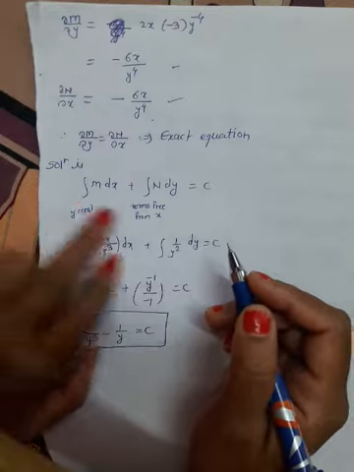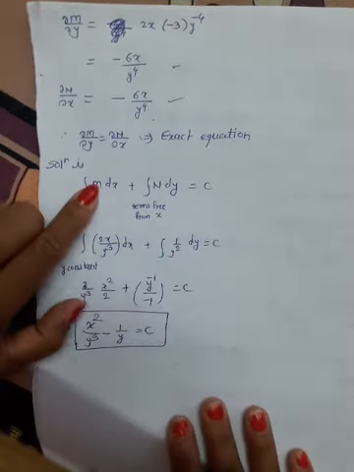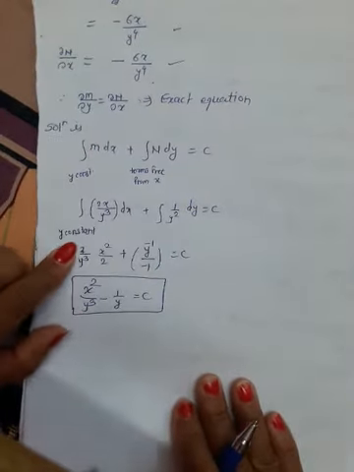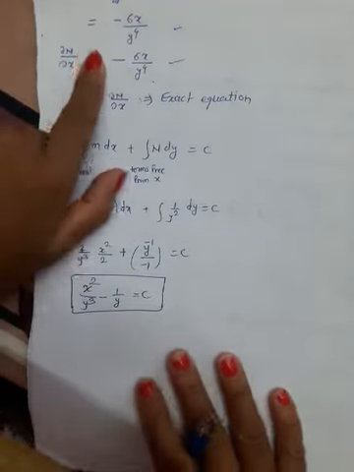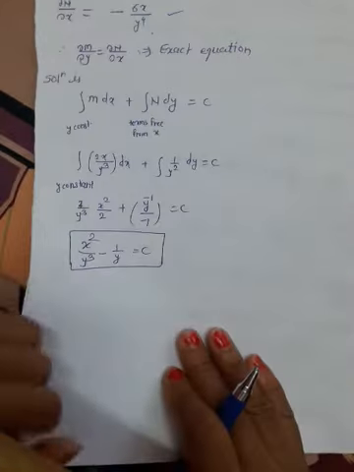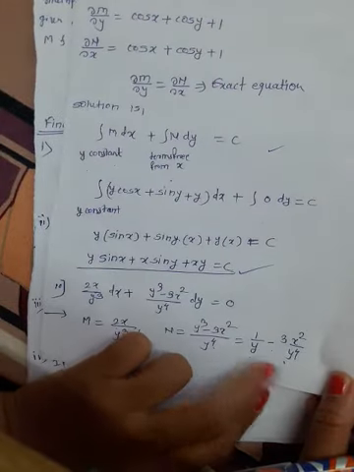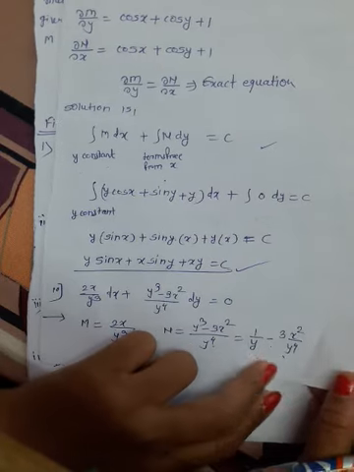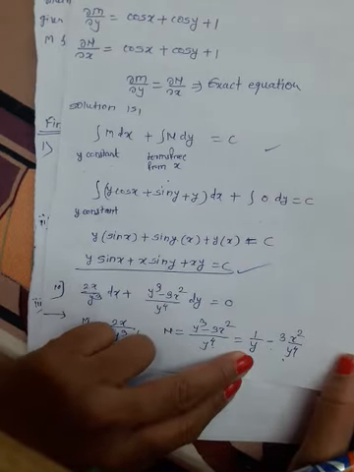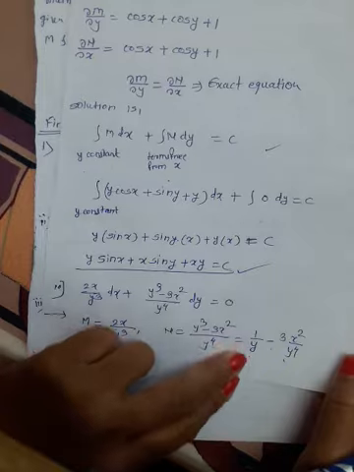Now, the solution is as per this formula. Put these values of M here, y constant, and the terms of N which are free from x. There is only one term which is free from x, that is 1 by y. This other term contains x, that's why we have to neglect it. Only this is the term which is free from x.